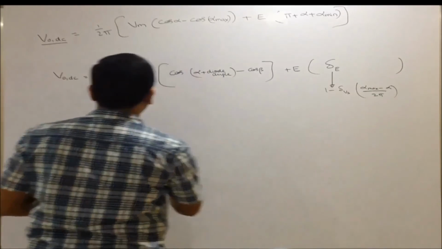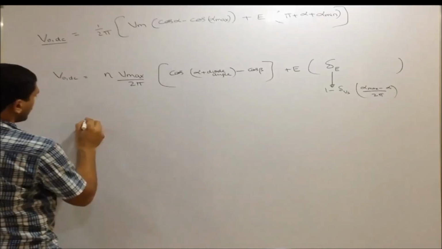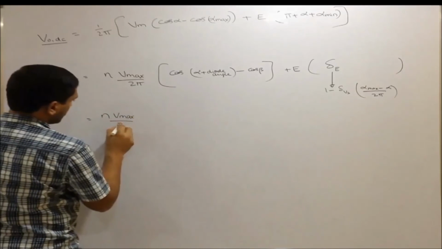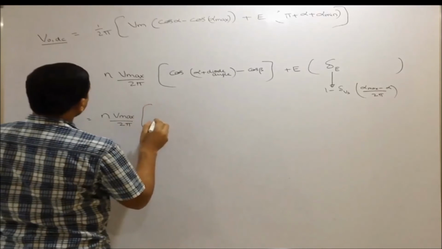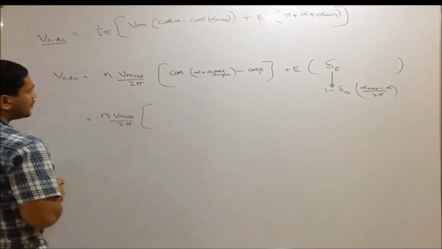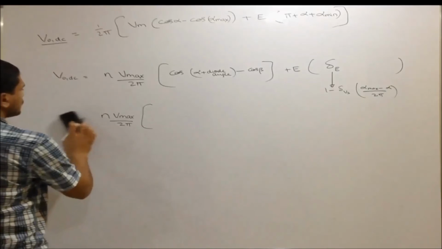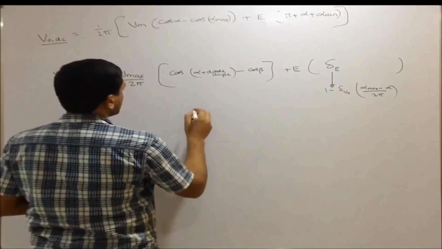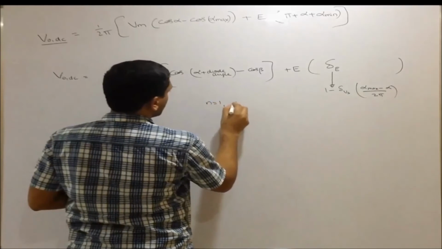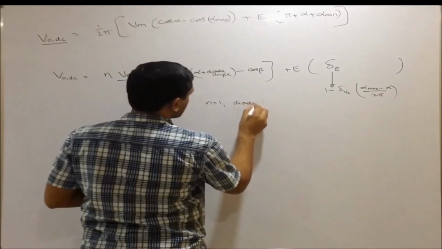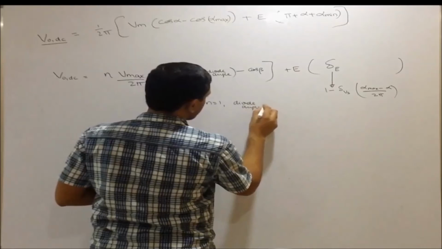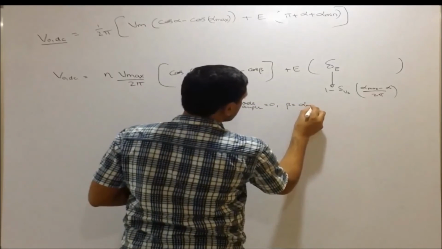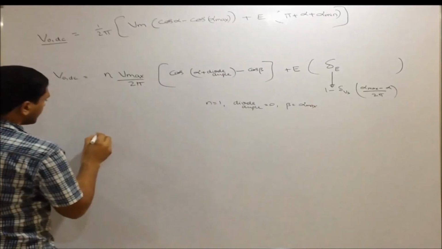Now we will again modify this equation. N into V max by 2 pi into, now we will take the substitution, that is n equal to 1, diode angle is 0, beta equal to alpha max. So with this what happens?